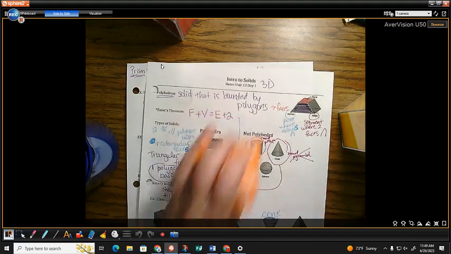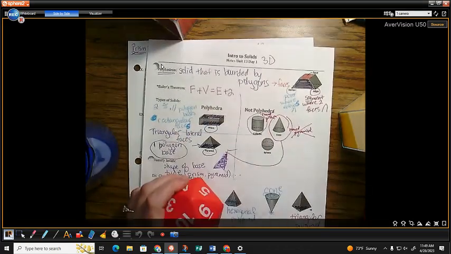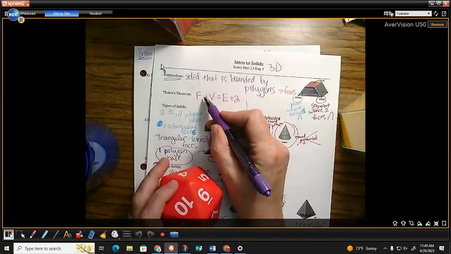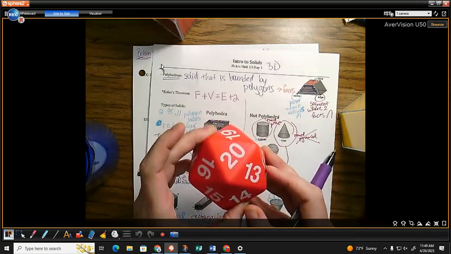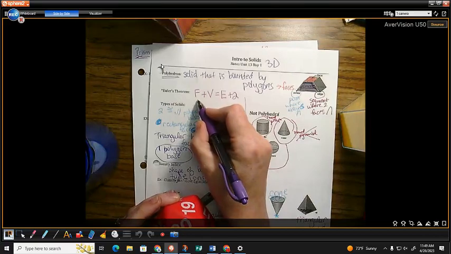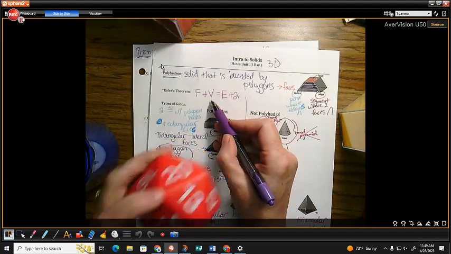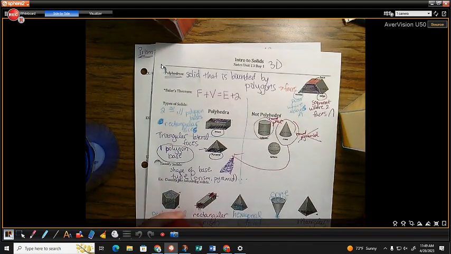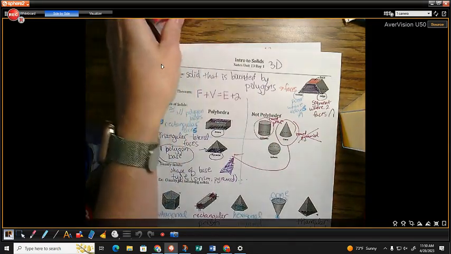It could be for an elongated pentagonal bipyramid. It doesn't matter what the shape is. If you count up the number of faces, guess how many faces this has? 20. This has 20. That number, plus the number of vertices, should always equal the number of edges plus 2. You could test it, but you'll get to do that on your homework.